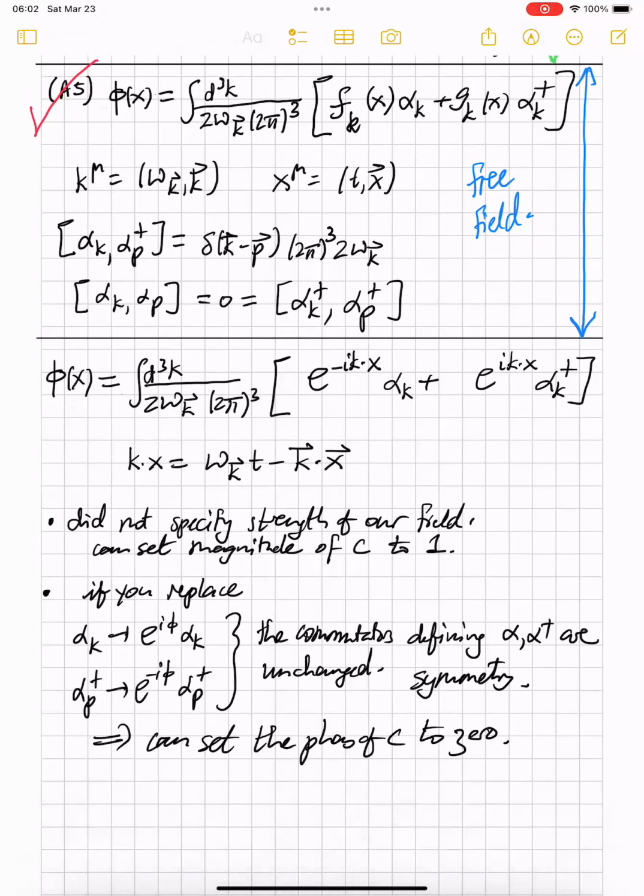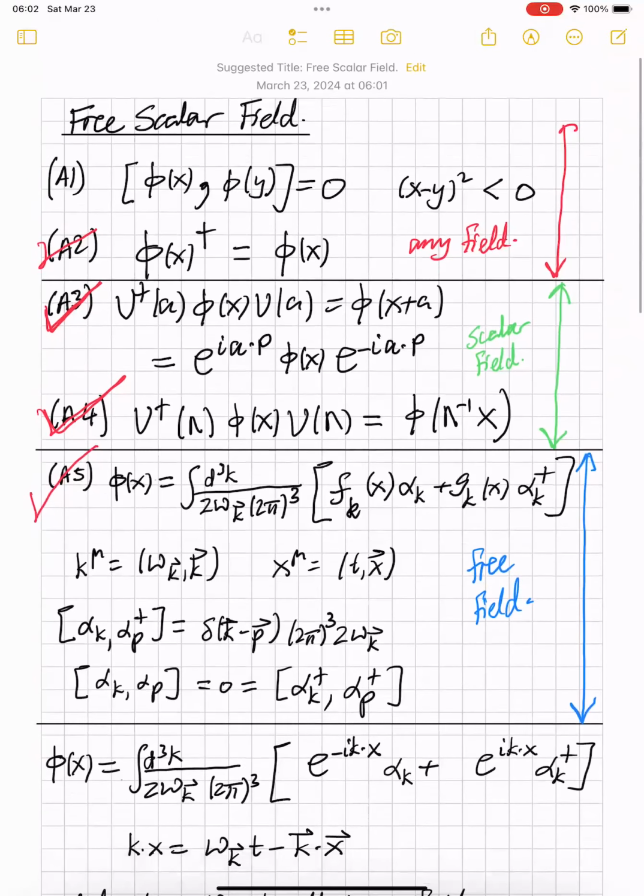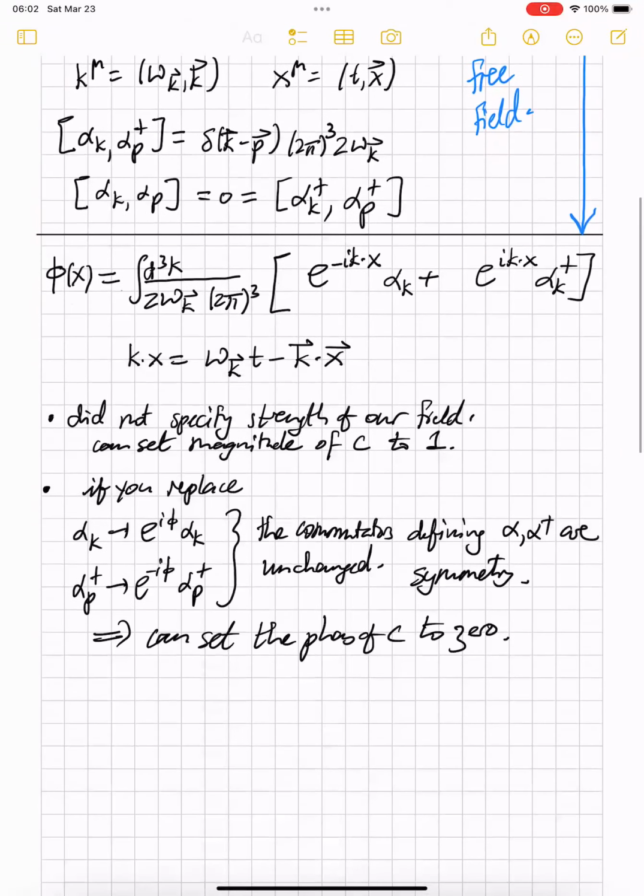Good. So now what I would like to do, I want to check the first axiom. So that means I need to calculate the commutator of phi of x with phi of y. So let's try to do that now. So we've got phi of x with phi of y. So what will that be? Well, let's put in phi of x.